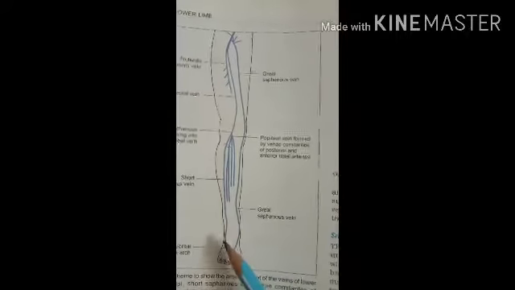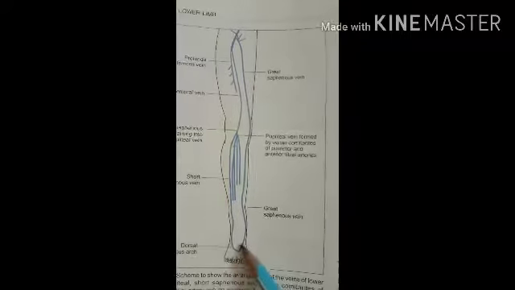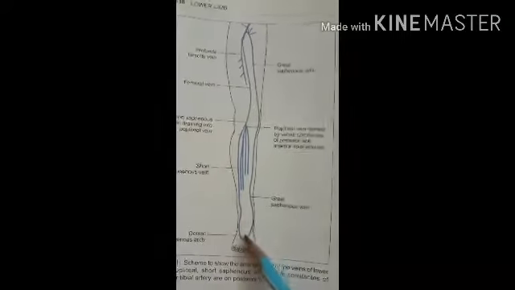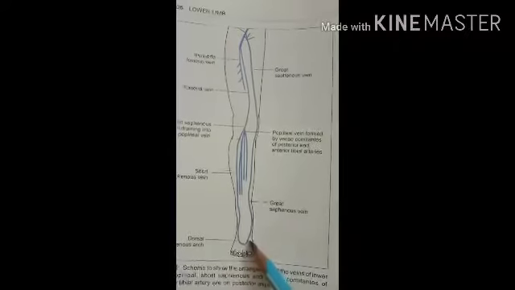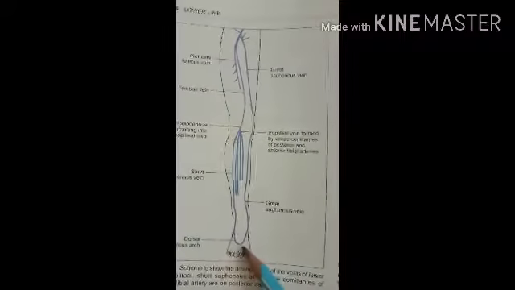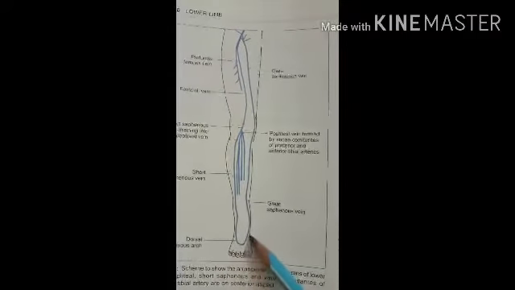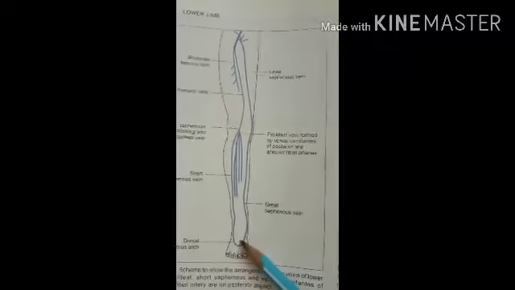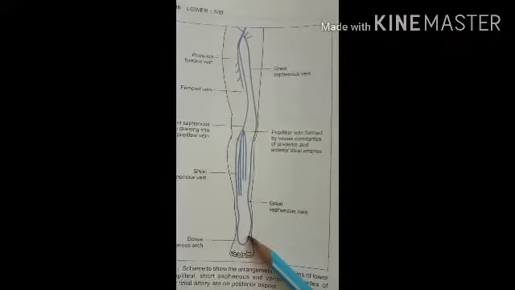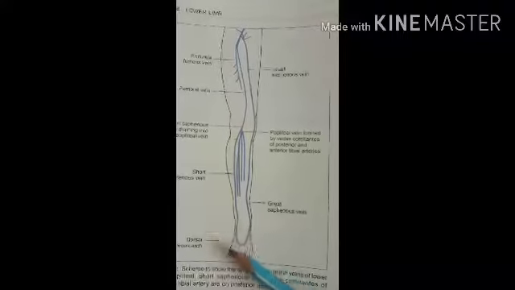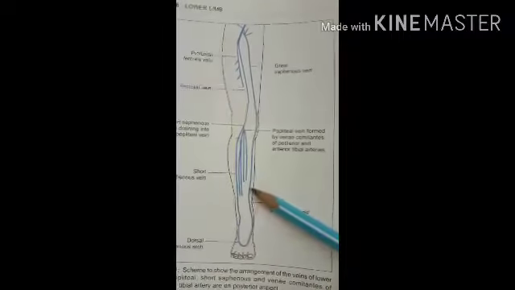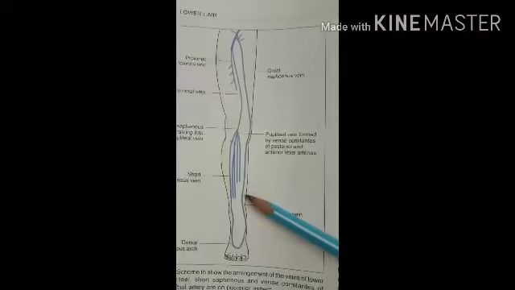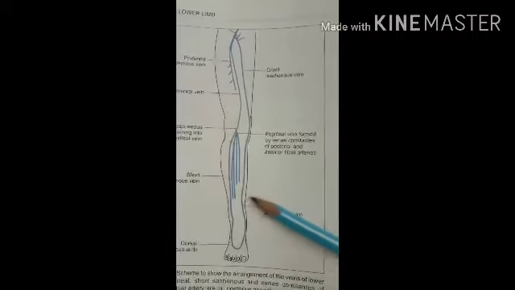So it is formed in the dorsum of the foot. Here you can see the dorsal venous arch, and it is formed in the dorsum of the foot by the union of the medial end of the dorsal venous arch and the medial marginal vein of the foot. Then the vein runs upward about 2.5 centimeters in front of the medial malleolus.